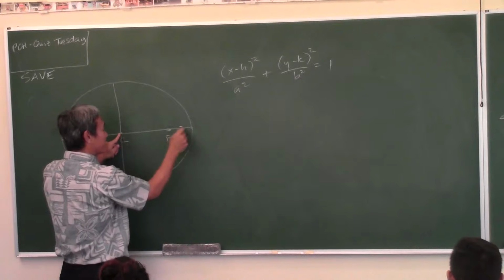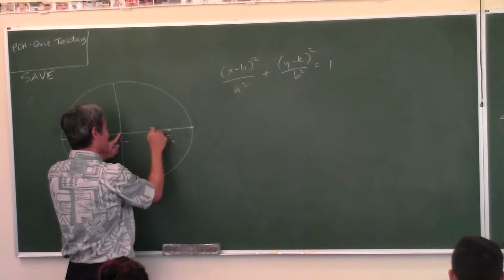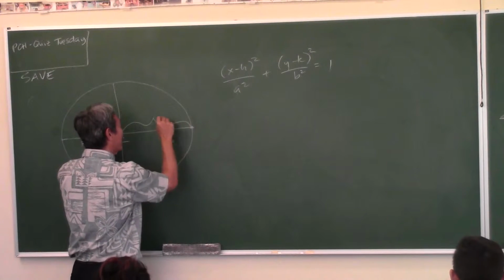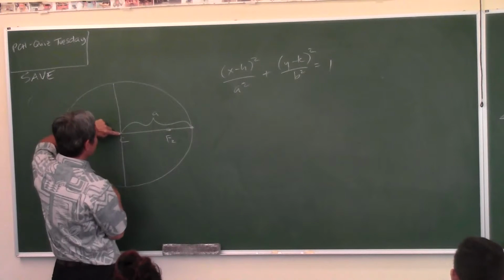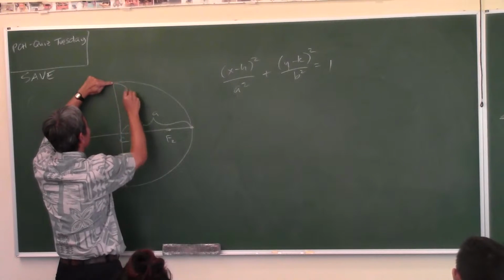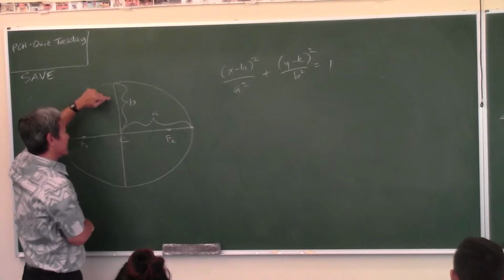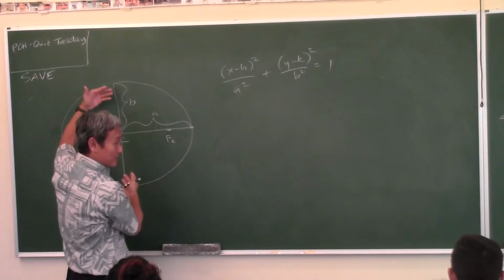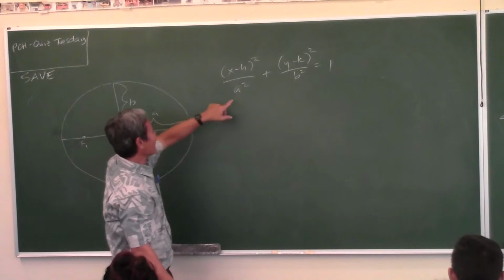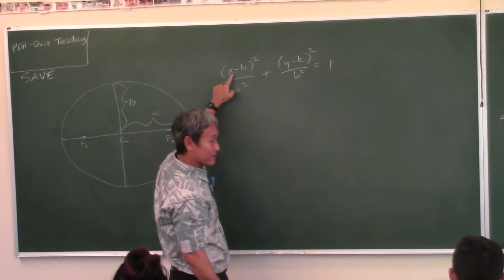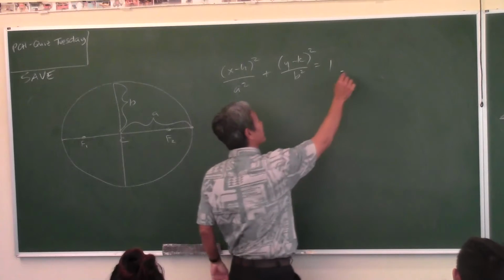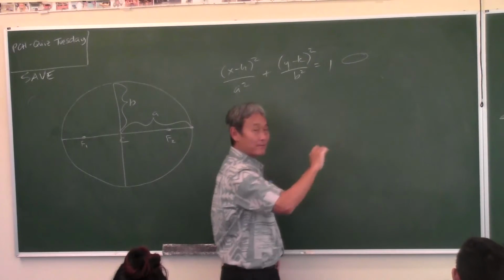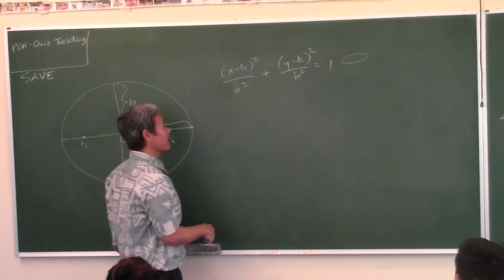The distance from the center to here, we're going to call that A. And the distance from the center to the end of the minor axis, we're going to call that B. A always has to be bigger than B, because the major axis is always bigger than the minor axis. So when the bigger number comes under the x's, the ellipse is a left-right ellipse. The major axis goes left and right.